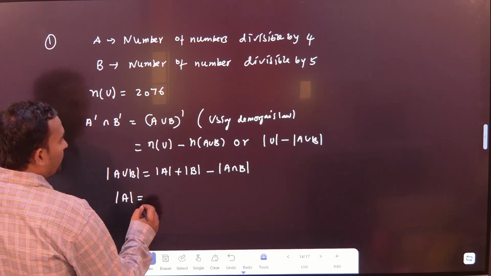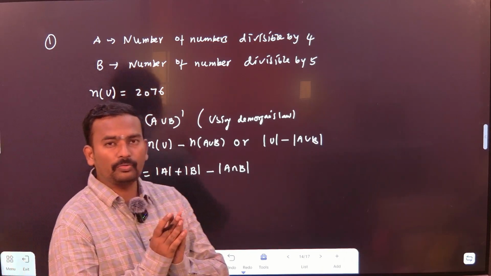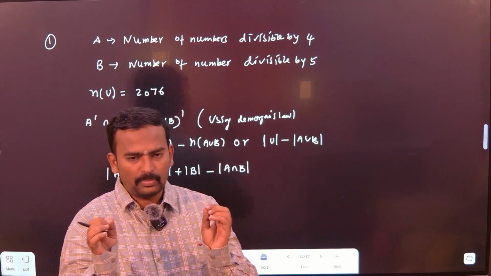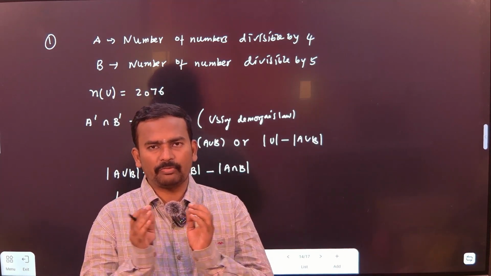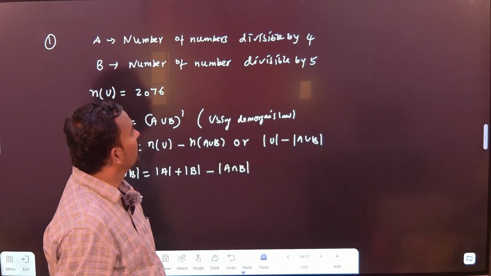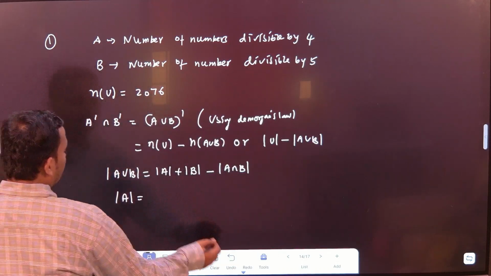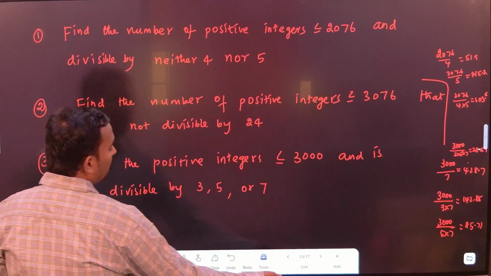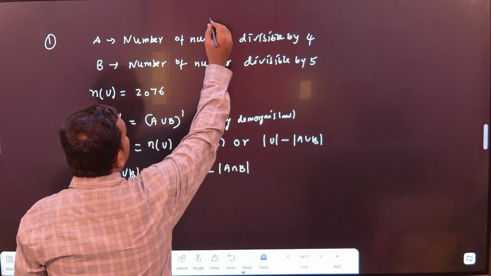How many numbers? A shortcut method to find how many numbers are divisible by 4 from 1 to 2076. The maximum number you can see is 2076 only, no? 2076.